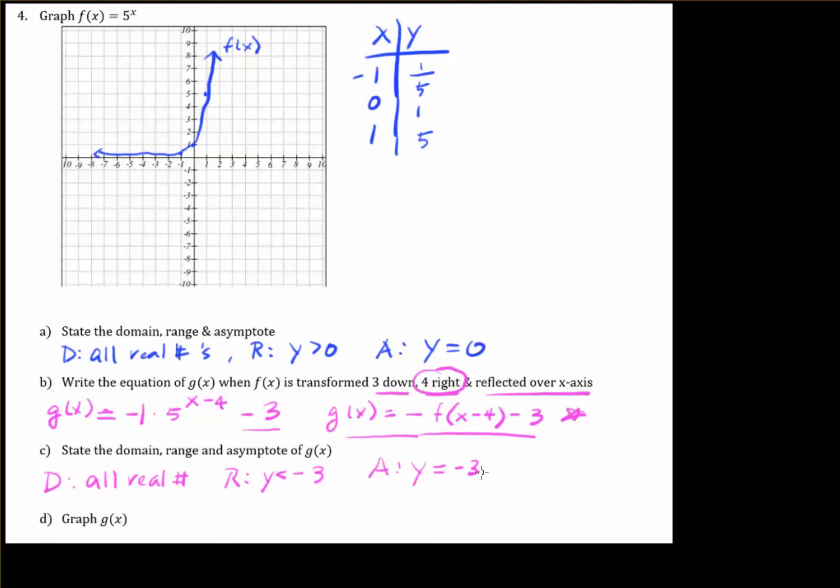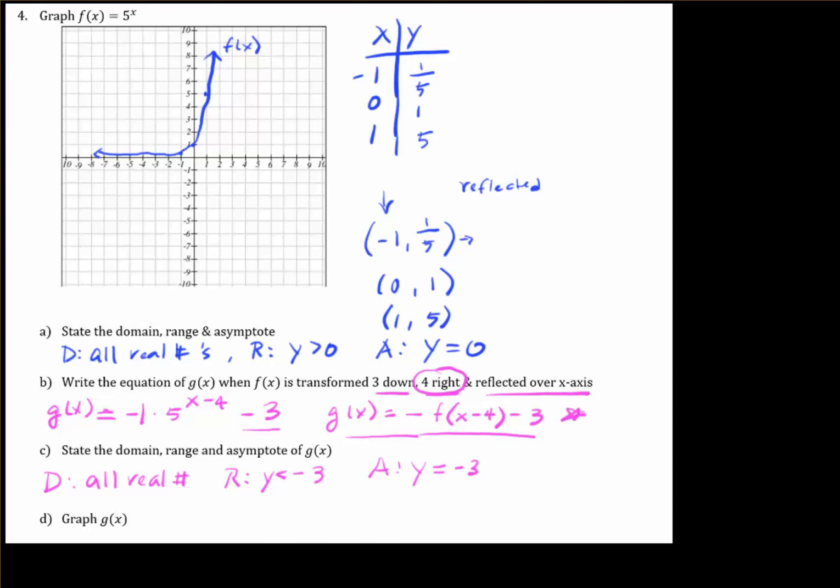Let's go ahead and graph it. So our original points were -1, 1/5, okay, 0, 1, and then 1, 5. First, it reflected over the x-axis, which means that the x values are going to change signs. Oh, no, I'm sorry.